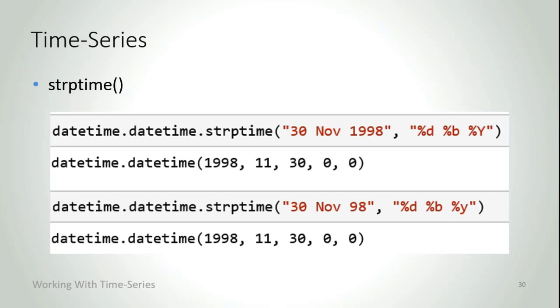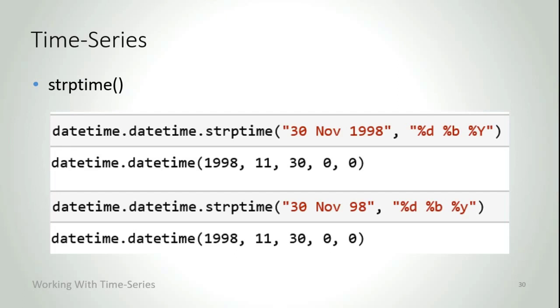strptime does the inverse conversion. It actually gets the string and the structure of how to read this string and gives back the datetime. For instance, you say string 30 space November space 1998, and then you put your placeholders in a way that it understands how to deal with this string, and it actually gives back the date object of 30th of November.